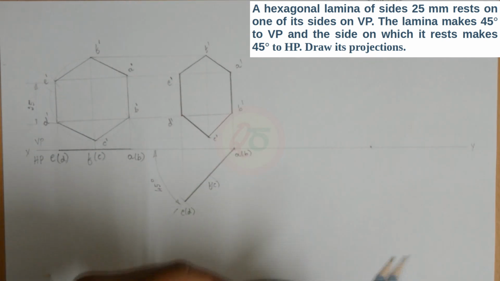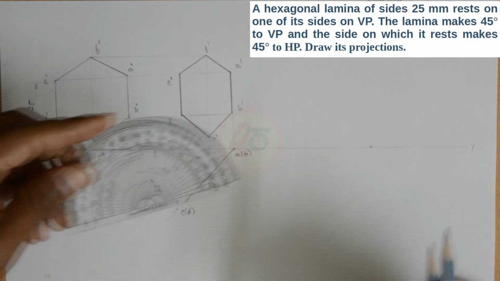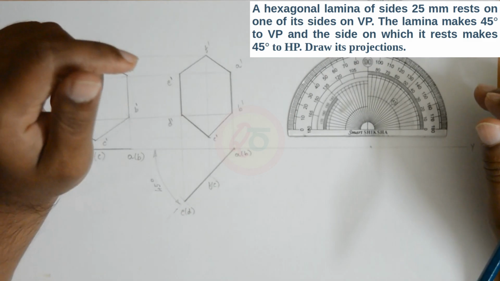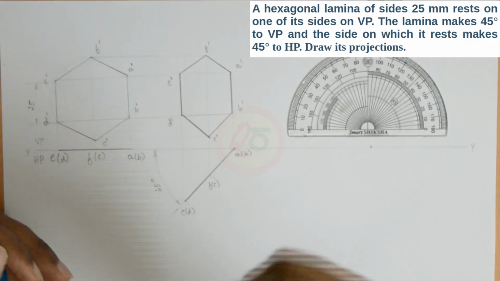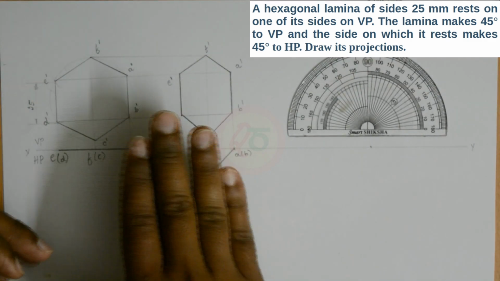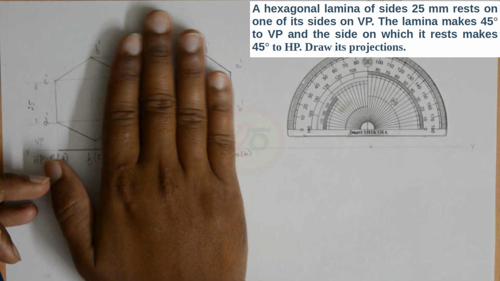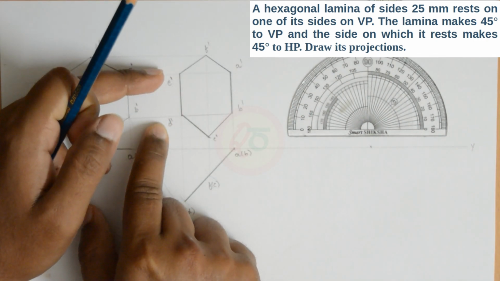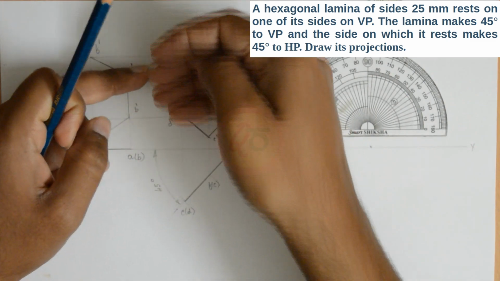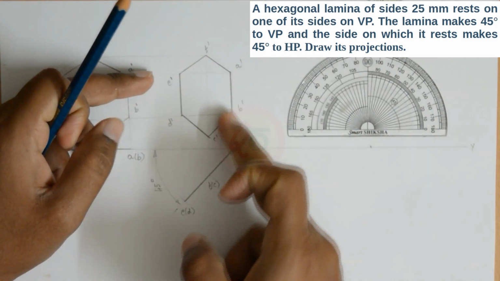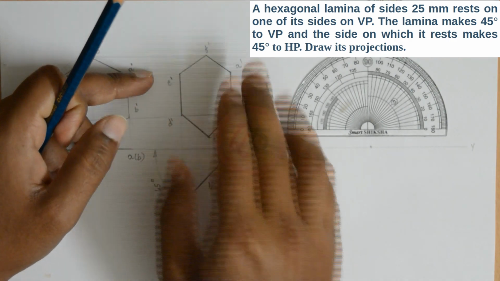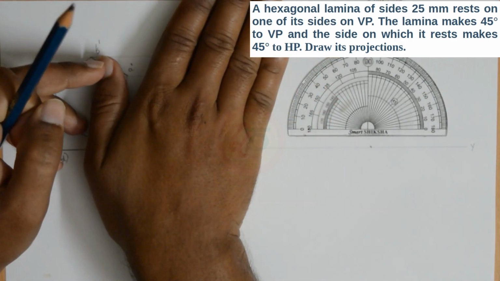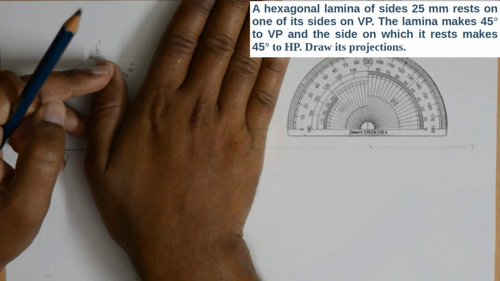I'll draw a 45 degree line onto this. See, the observation is when you rotate it clockwise, these opposite edge E dash D dash will come above the resting edge A dash B dash. Hence, you'll have a lot of space on the VP to complete the hexagon.